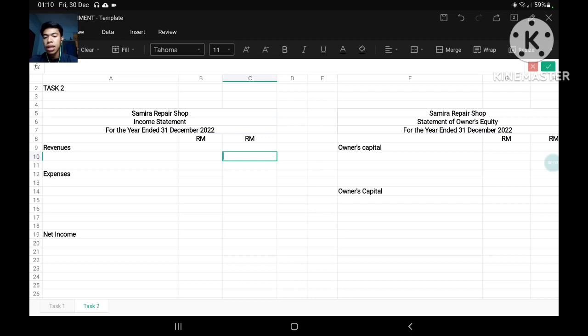Okay, we go to task 2, the income statement. How to get the total net income. Total net income is the total revenues minus the total expenses.